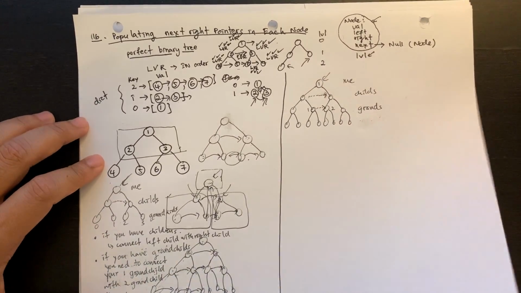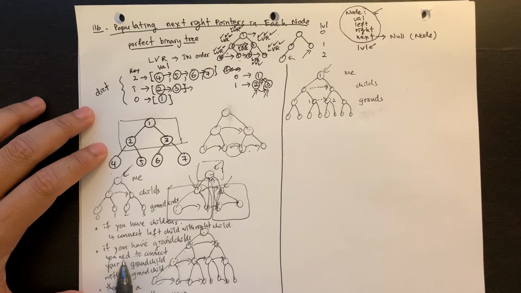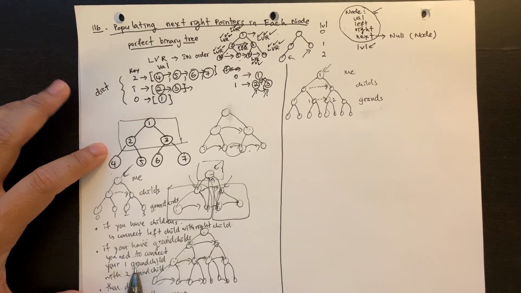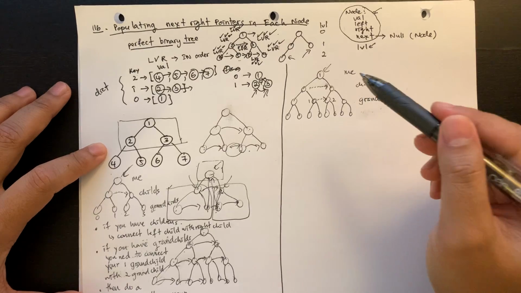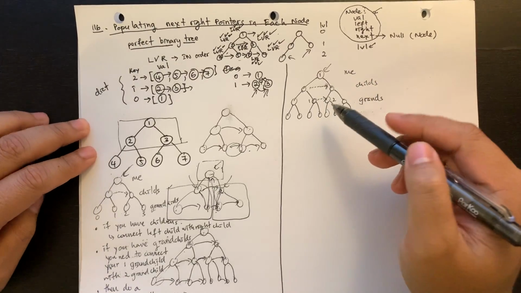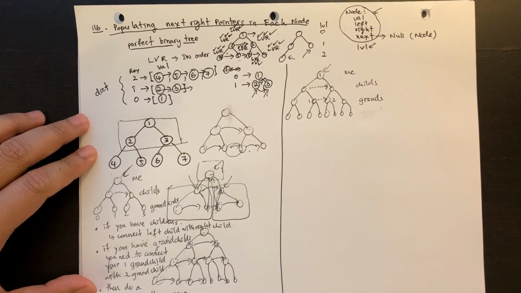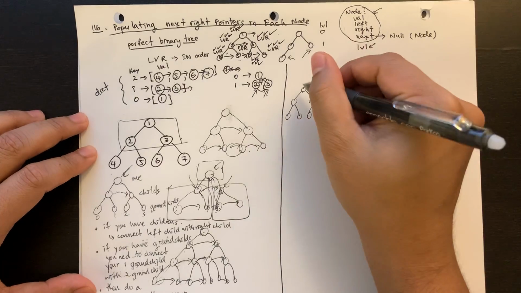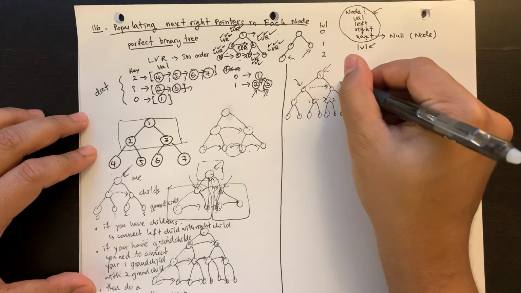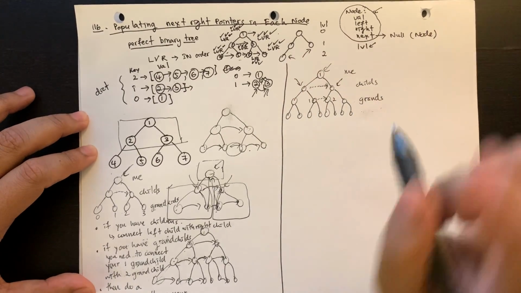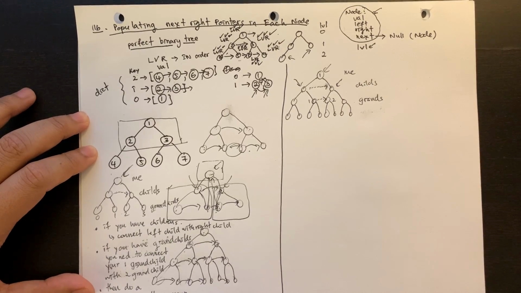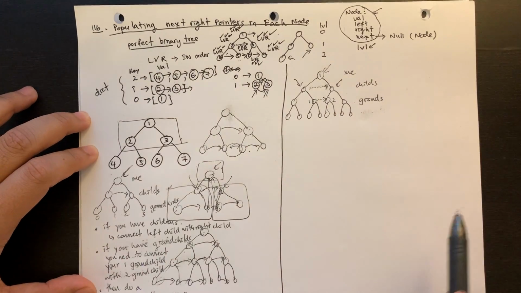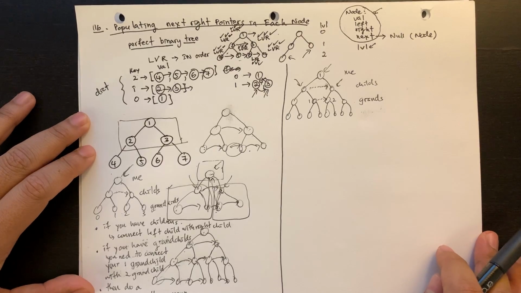So if you have grandchildren, you connect your 1 grandchild with your 2 grandchild. And then do a recursive call on your children. So do a recursive call on this one first, and then, it doesn't matter in this case. When you use a hash map it kind of matters, but here I don't think it matters.